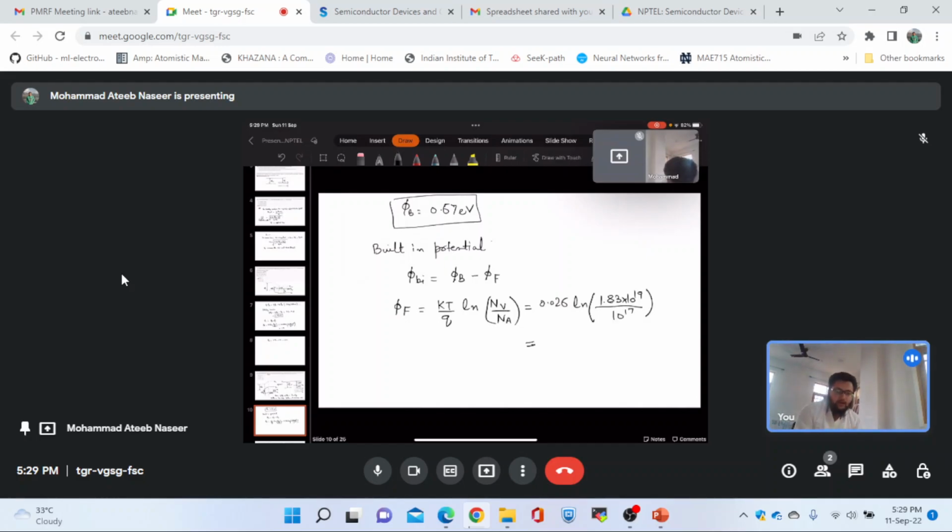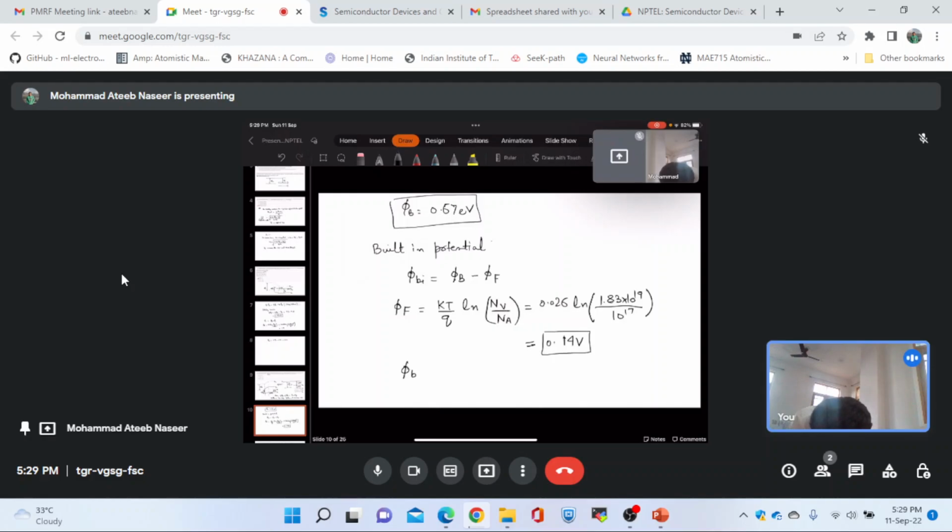Let me put these values on my calculator and calculate the value. It comes out to be equal to 0.14 volts. Now this is phi f.